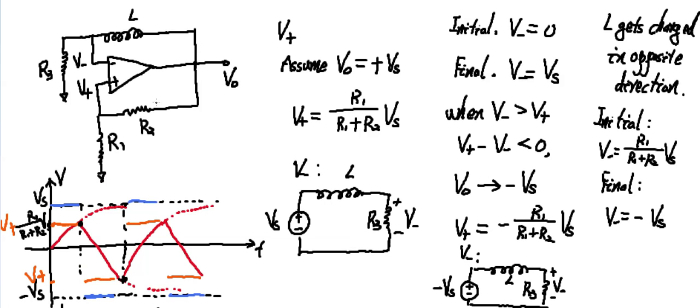Let's put in some real numbers and calculate what the period can be. Let's say R2 and R1 are all 1 kilo ohm, L is 1 millihenry, and R3 is also 1 kilo ohm.